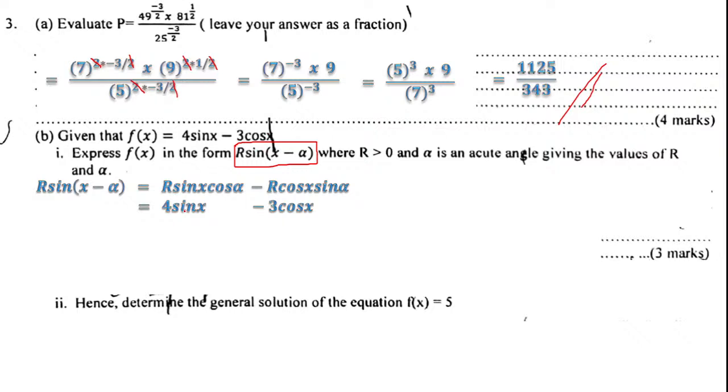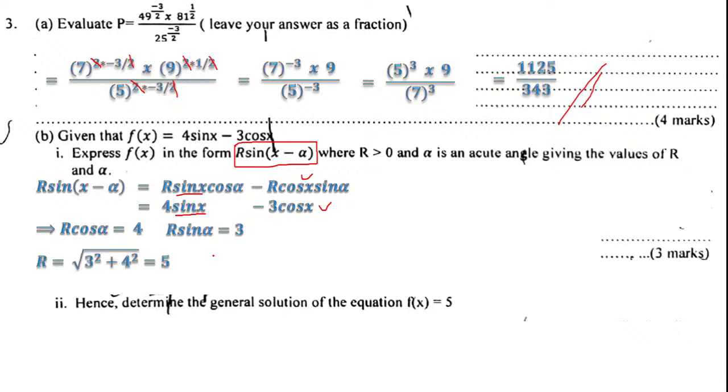So equating coefficients, I have sine here and sine here, so r sine x cos alpha should be equal to 4 sine x. And the same with the other one: I have cos x here and cos x here, so minus r cos x sine alpha should be equal to minus 3 cos x. When you equate coefficients, we are left with r cos alpha equal to 4 and r sine alpha equal to 3.